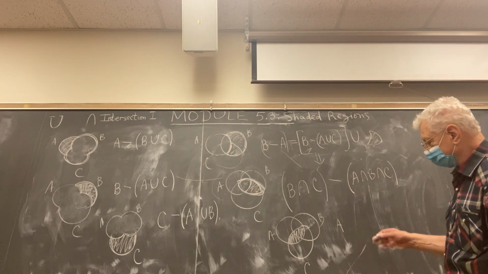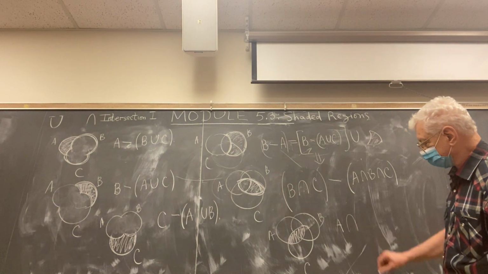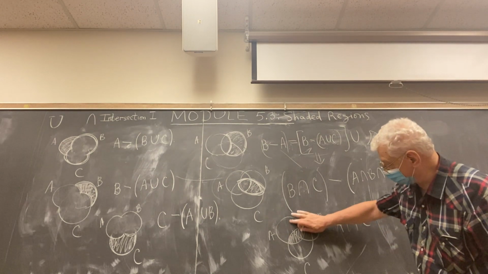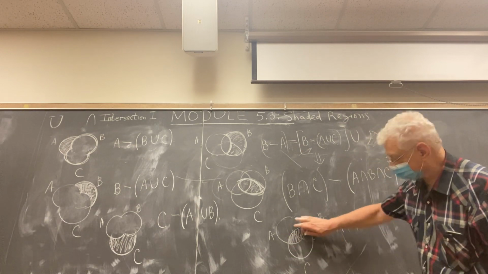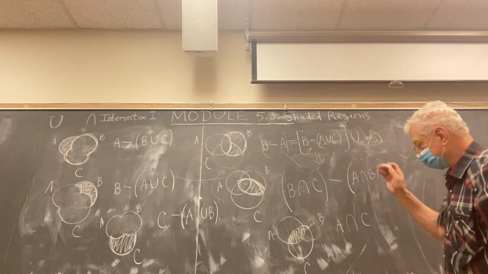Okay. A, upside down U, intersection, intersection C. That's it. Because if you remove B, you will not touch this part at all, right? So it depends on A and C, it doesn't depend on B.